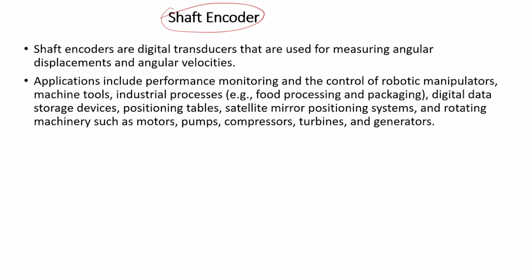And they have a wide range of applications in terms of control of robotic manipulators, machine tools, industrial processes, digital data storage devices, positioning tables, satellite mirror positioning systems, rotating machineries. There are huge applications of the encoders today.